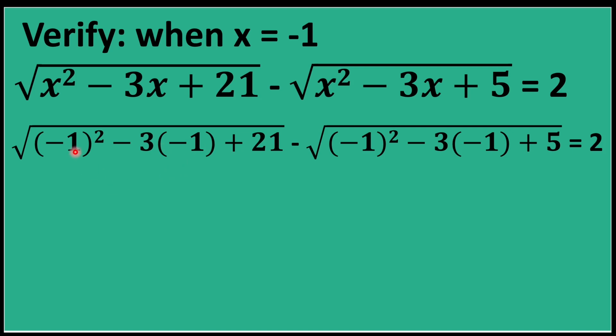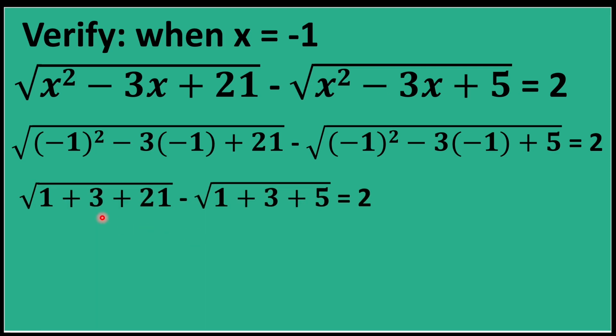So overall this will become 1 plus 3 plus 21, and here this will become 1 plus 3 plus 5. So 1 plus 3 plus 21 is equal to 25, and 1 plus 3 plus 5 is equal to 9. So overall our equation will become square root of 25 minus square root of 9, which is equal to 2.